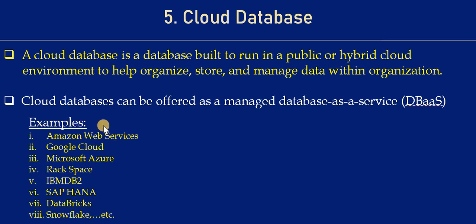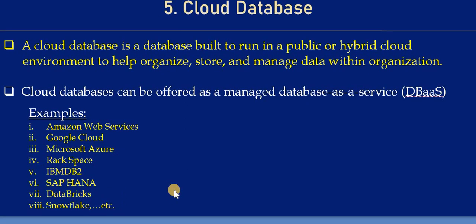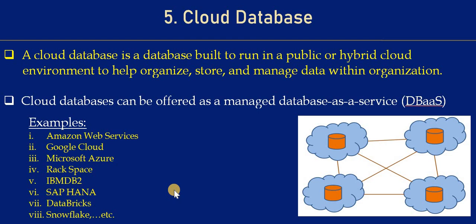A few examples of cloud databases: Amazon Web Services, Google Cloud, Microsoft Azure, Rackspace, IBM DB2, SAP HANA, Databricks, Snowflake, etc. Here we can see a diagram for cloud databases.